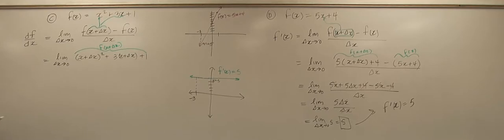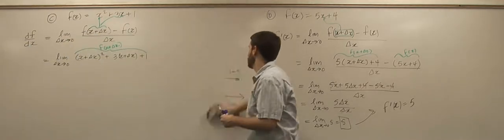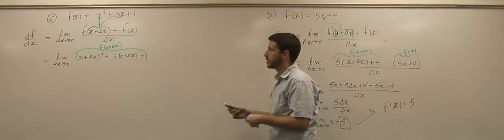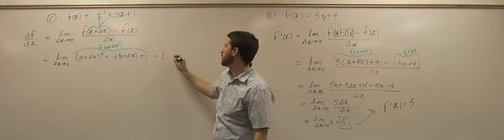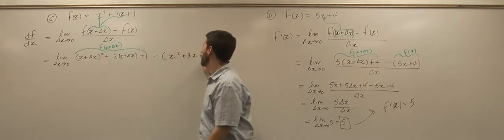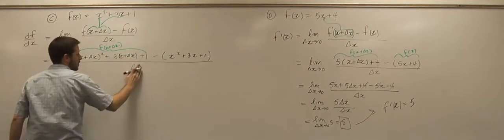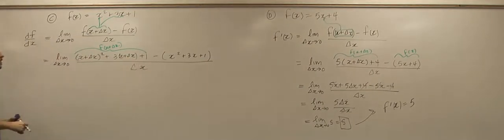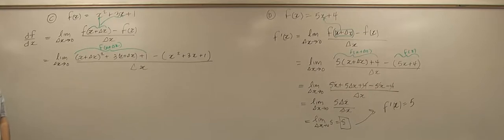Then I have to subtract from that f of x, so minus the whole original function, all over delta x. And if you do this right, your delta x in the bottom should end up canceling. So we've got to actually do some algebra here.